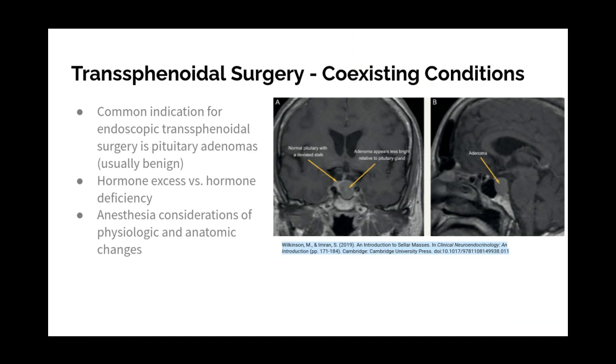And so, as we know, pituitary adenomas are a common reason for patients undergoing skull-based surgery endoscopically. And these are usually benign, and depending on the kind of the hormone production versus suppression, you can have unique anesthesia considerations in terms of altered physiology and some of the anatomic changes that occur as a result.